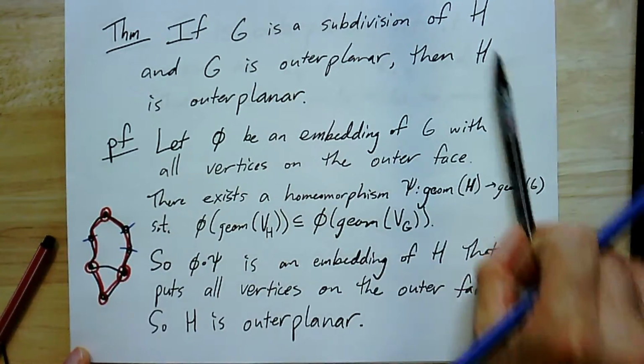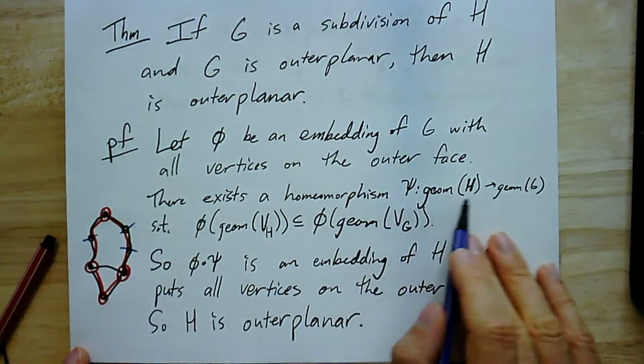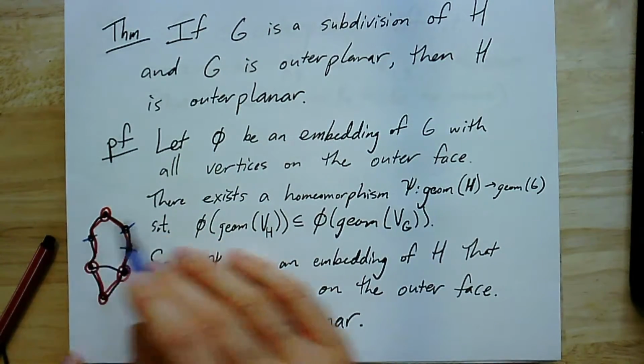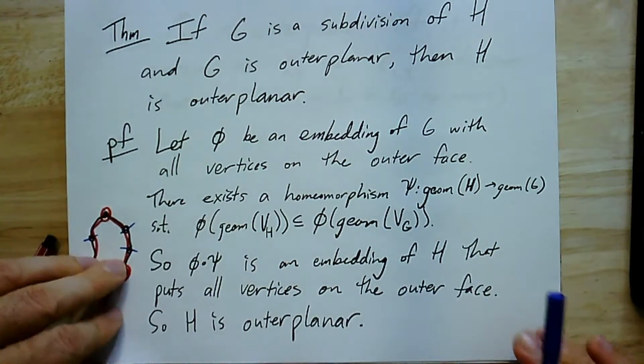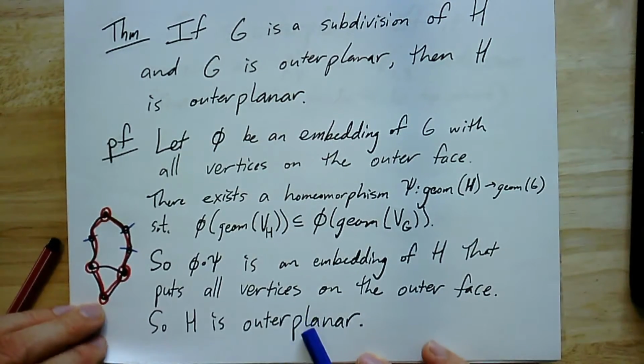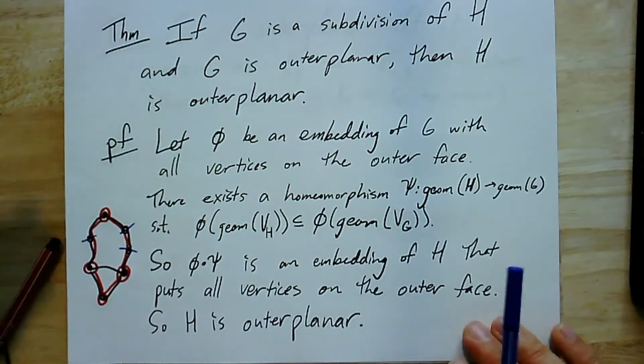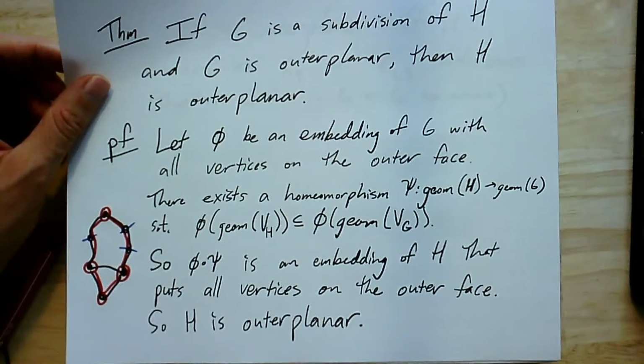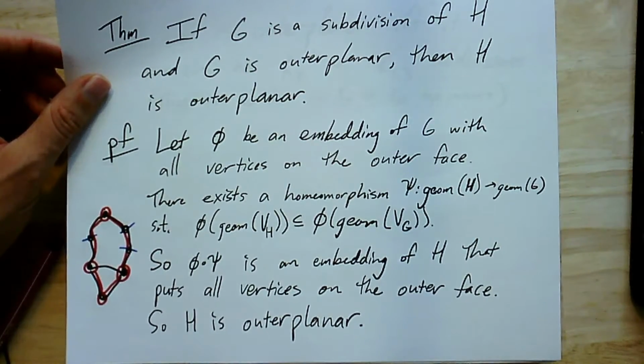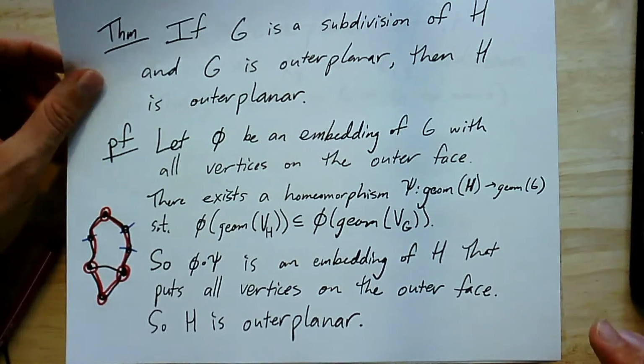So it's just, right, by just composing with the homeomorphism, it sits right on top here. All right, so that actually gives me the embedding of H with all the vertices on the outer face. And so that proves that H is outer planar, right? It's proven just by explicitly giving the embedding, constructing it straight from the embedding of G.